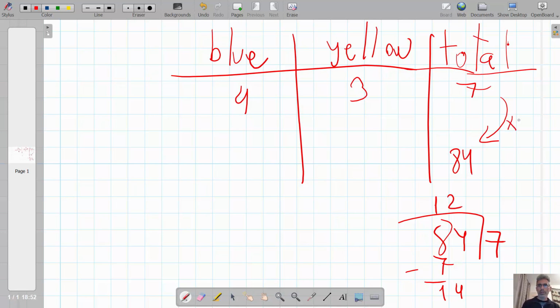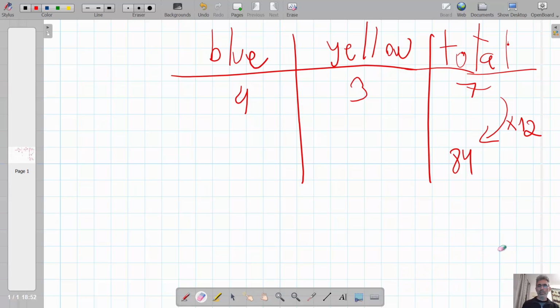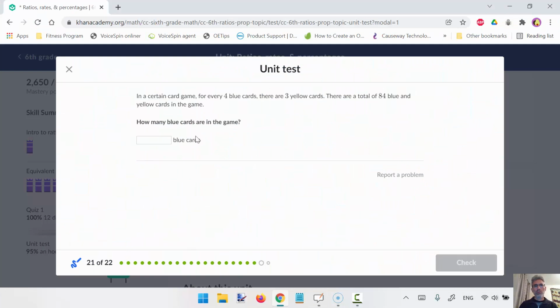So we multiply by 12 to go from the total of 7 cards to 84 total cards. So 4 times 12 is 48 blue cards. How many blue cards? 48.